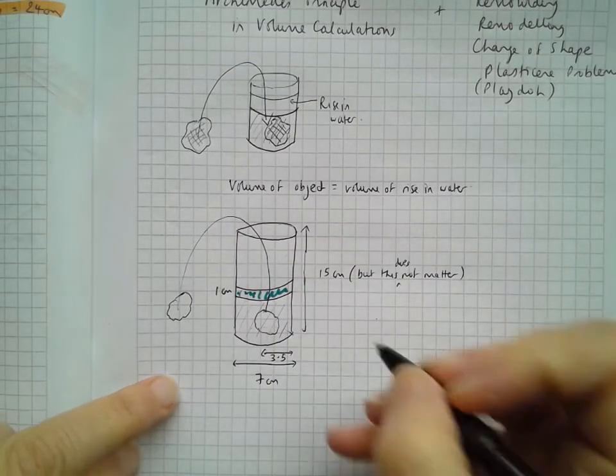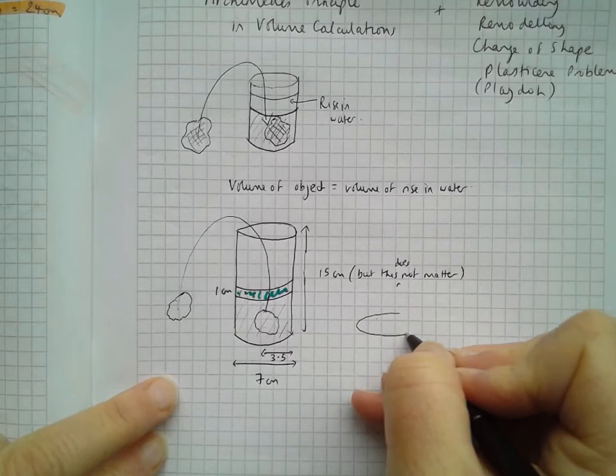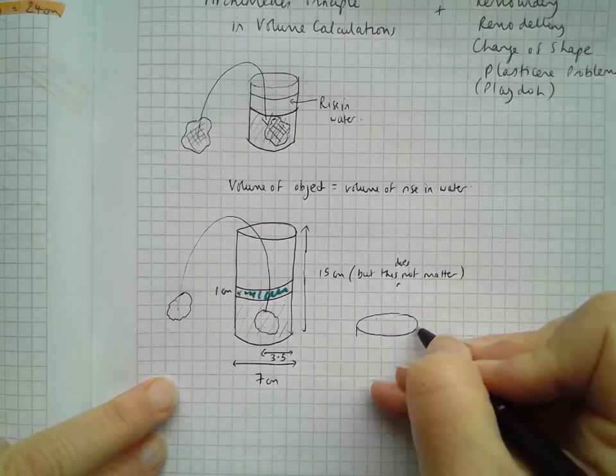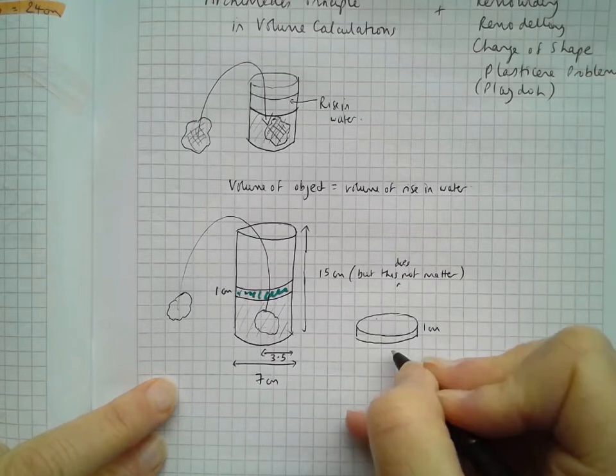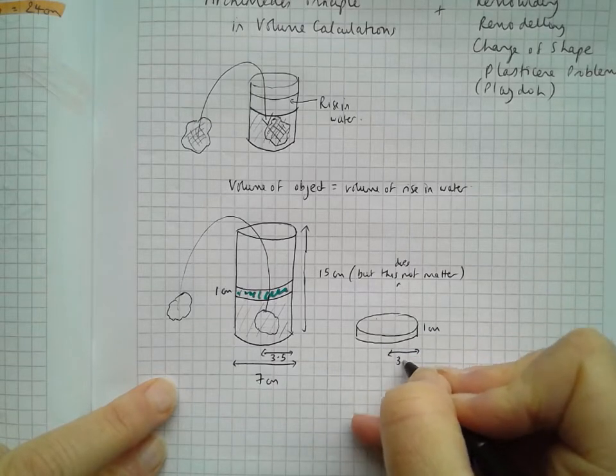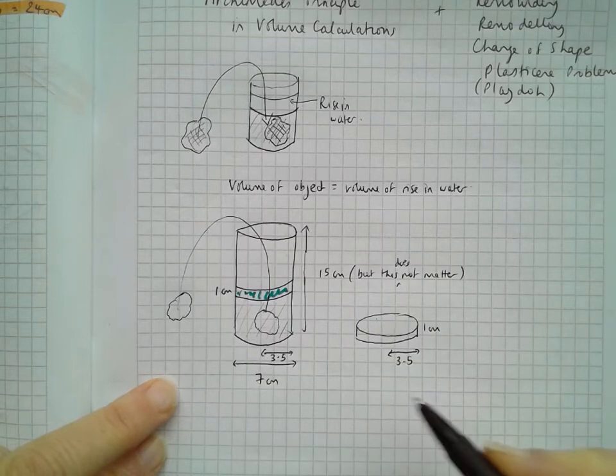So really all we're interested in is the volume of a very small cylinder of 1 centimeter height and a radius the same as the container, 3.5.